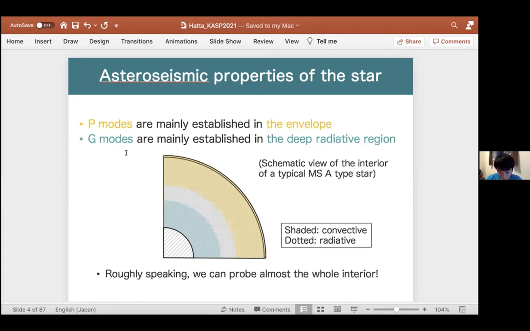It is well known that p modes are mainly confined in the envelope, so we can probe the envelope using p modes. In contrast, g modes are mainly confined in the deep radiative region, so we can infer the structure there using g modes. So roughly speaking, in the case of this star, we can probe almost the whole interior. This is a very nice property.